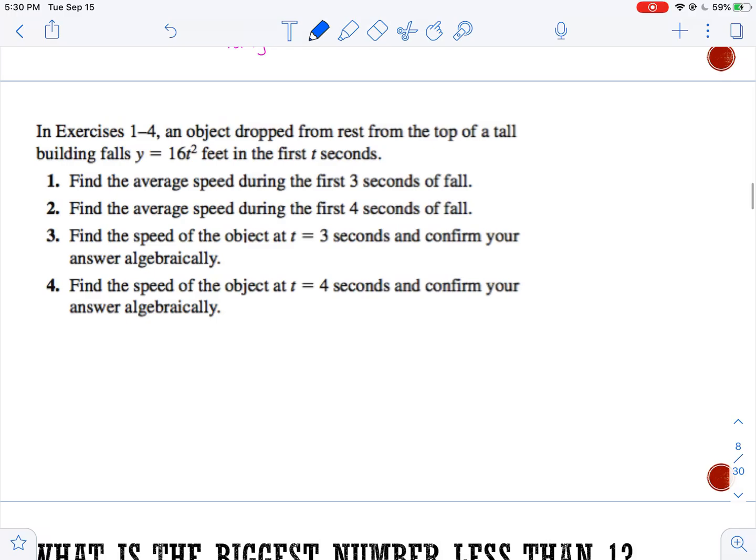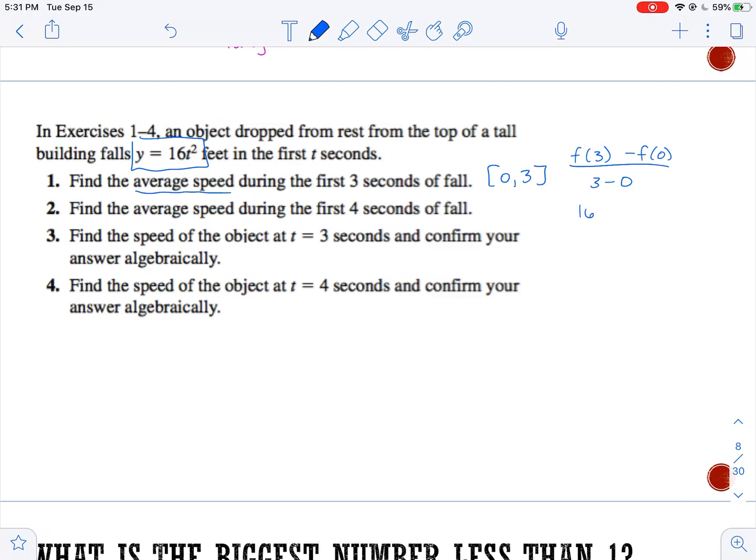So if we looked at this using real world examples, to find the average speed, so that's average rate of change during the first 3 seconds, you would find f at b minus f at a over b minus a on the interval 0 to 3. So we would find f at 3 minus f at 0 over 3 minus 0. So in this case, my f of x is 16t squared.